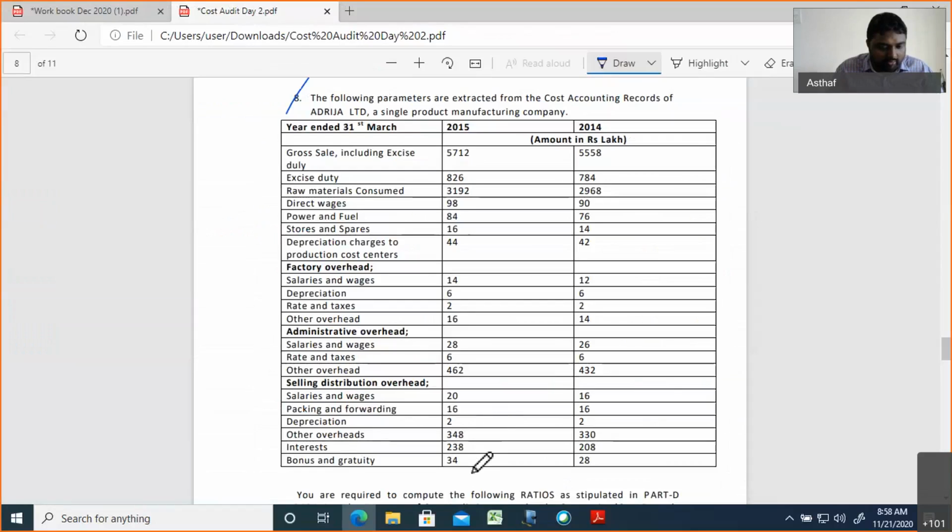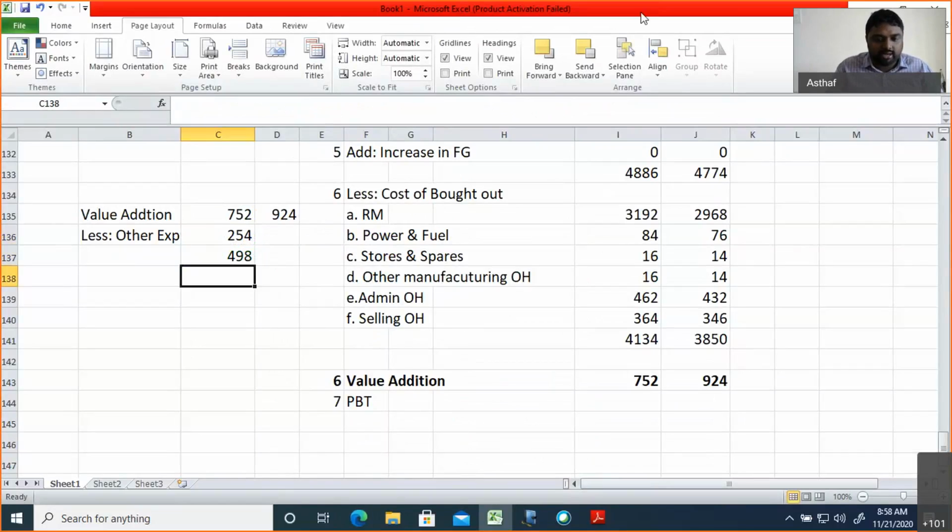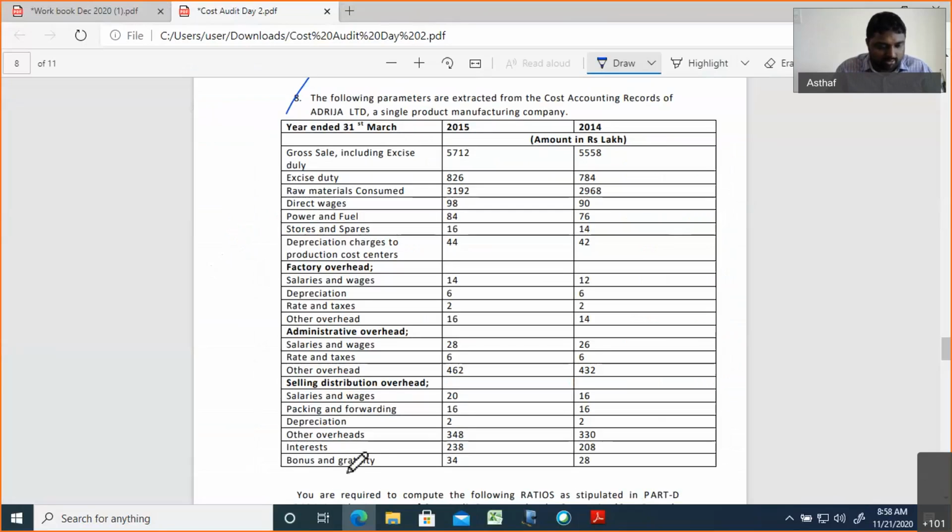Now the next item we have to take is bonus. This bonus may be the reason some friends are getting a different answer. So what is the answer? Bonus.